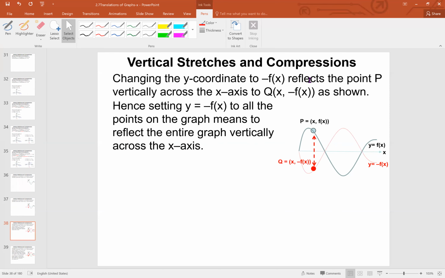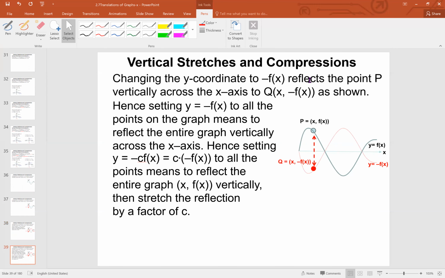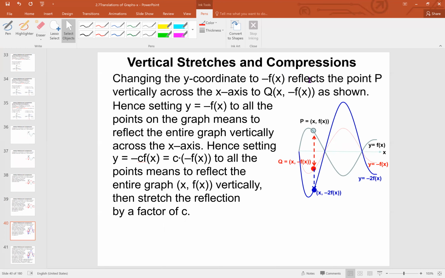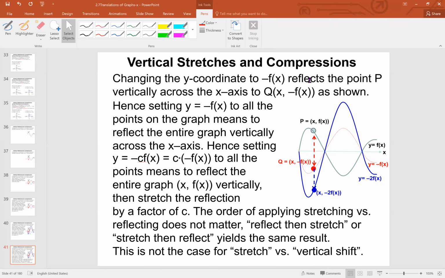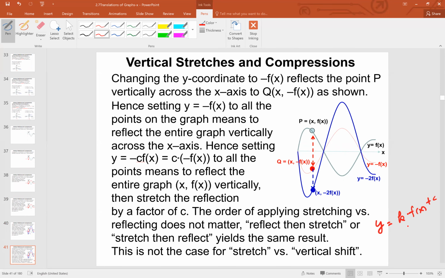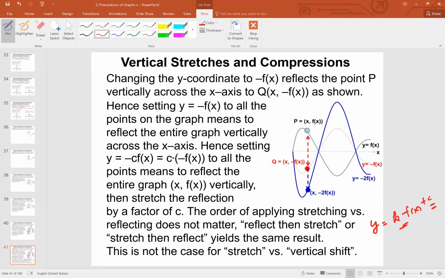And -2 f of x means after you reflect it, you double the height. This pretty much gives us what happens if I take a formula, multiply it by some number, and maybe add some number outside, that's plus c.